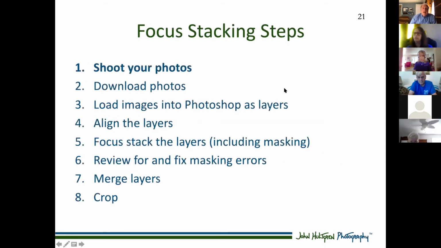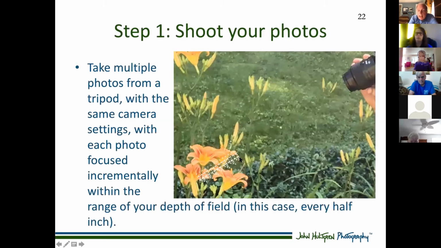So here are our steps. One, shoot your photos. So here I am taking a picture of my daylilies. You can see down in the bottom left corner where I've kind of spaced out 1/2 inch the different areas that I have focused to get this image.